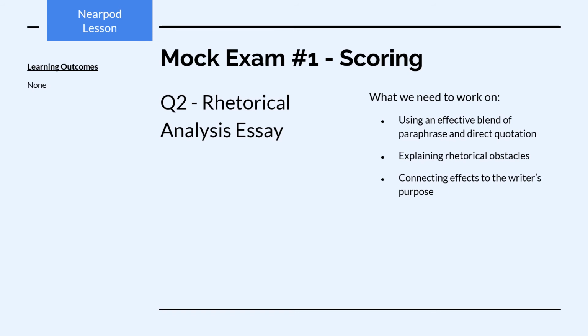And as you're going to see on the scoring guidelines that College Board publishes, if you can't connect those rhetorical choices back to the writer's purpose in some way, you don't get credit for that whole analysis. It can really make or break your score on the College Board scoring guidelines. So let's get back to doing that.